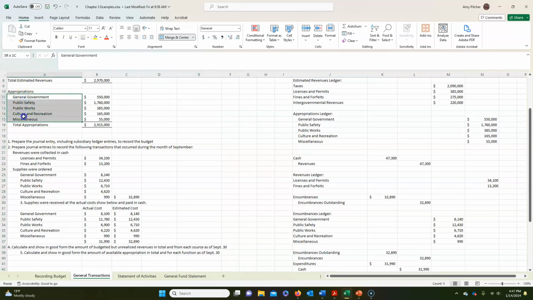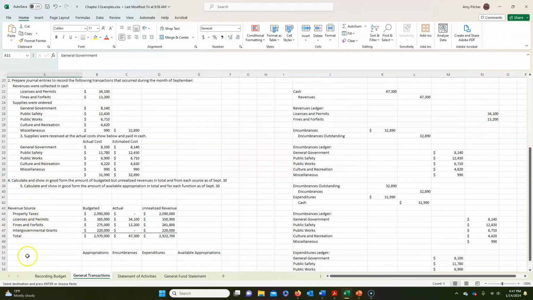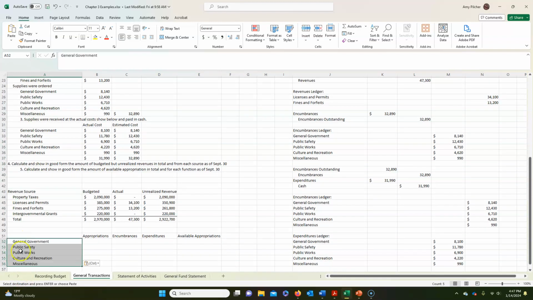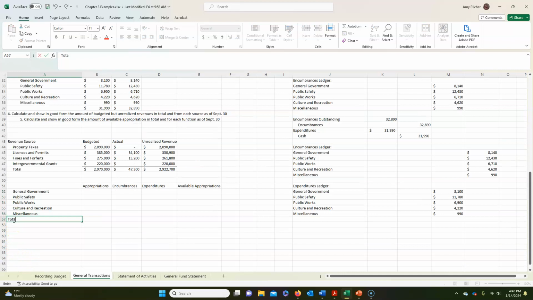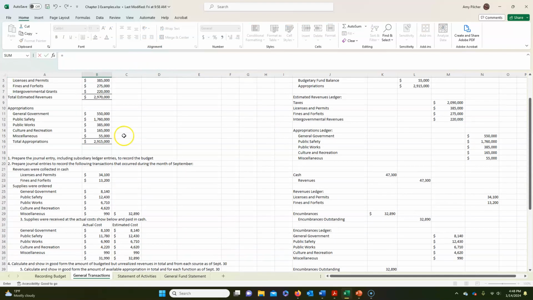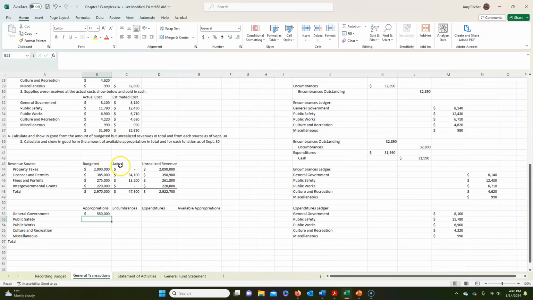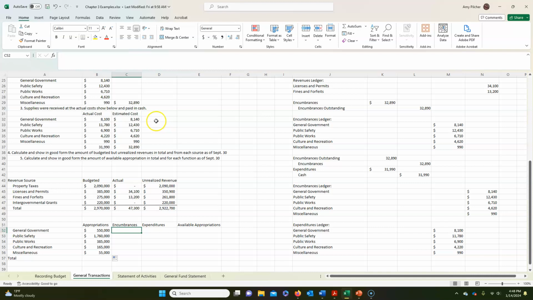So we have our functions, put our total here, and then we have what we appropriated. We don't currently have any outstanding encumbrances. So if we were to have outstanding encumbrances, this would mean that like we ordered supplies that didn't arrive.